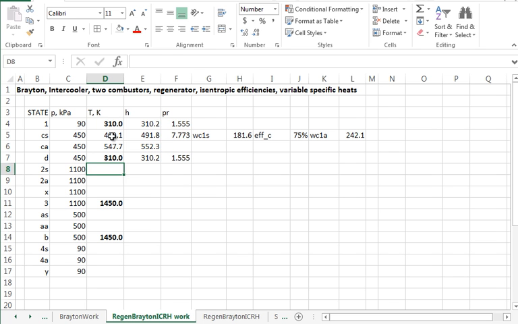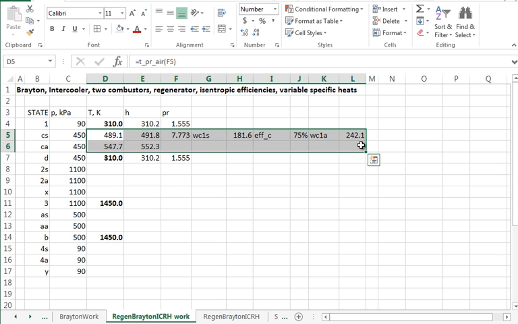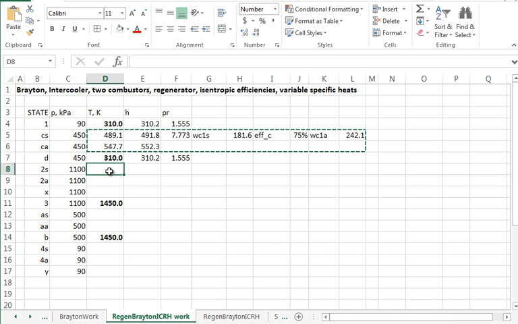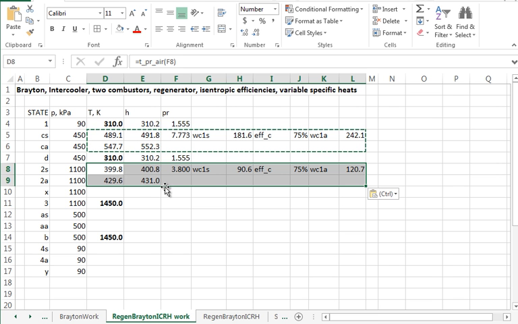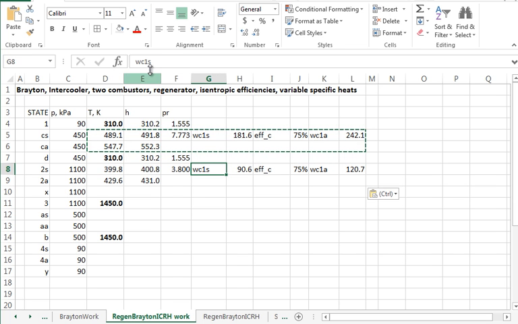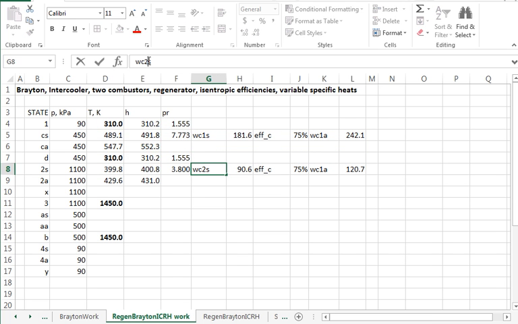Then we have the same steps to go across that second compressor. So I just bring those equations down and apply them. They're all relative to the cell and the relative position of the current cell.